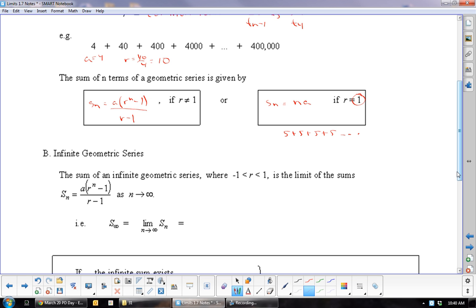So you would just take the number of terms and multiply by 5. But it is theoretically a geometric series because your r is 1, and it's going to make the next number the same.